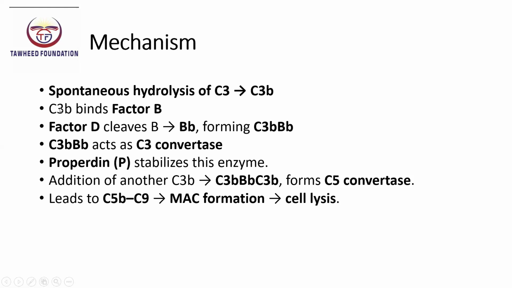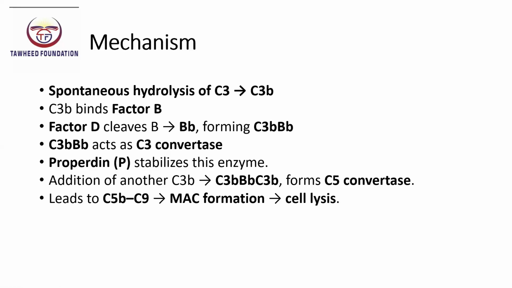This C3b molecule attaches to microbial surfaces, where it binds factor B. Factor D, a serine protease, then cleaves factor B into Ba and Bb, generating the C3bBb complex, which acts as the C3 convertase. This enzyme cleaves more C3 into C3a and C3b, amplifying the process.